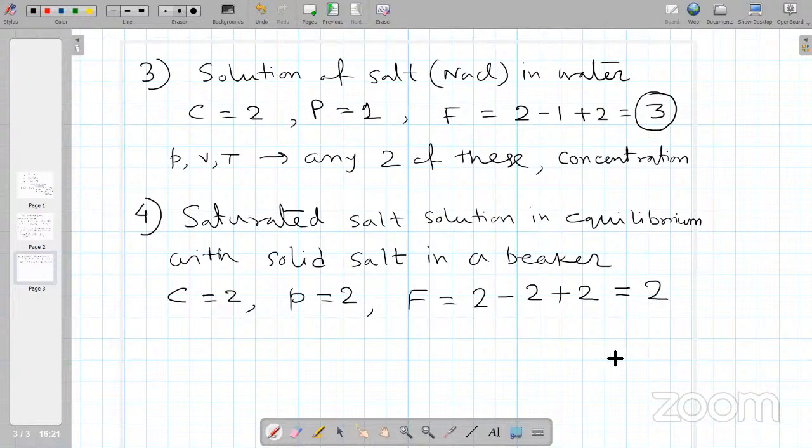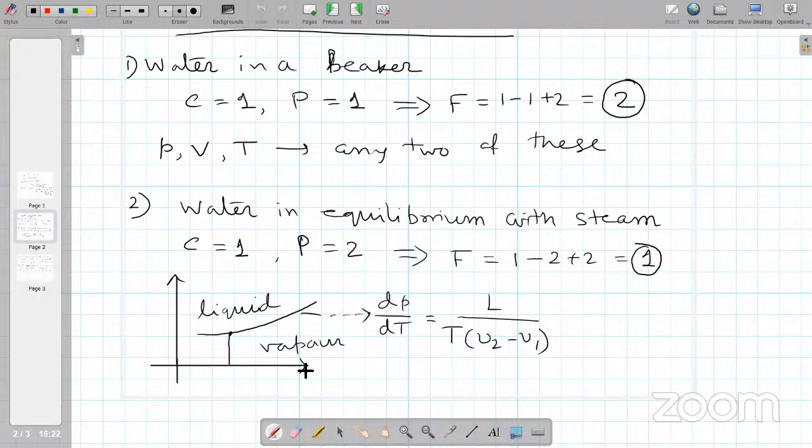So one of these could be pressure or temperature, and the other one has to be the concentration. So the moment we talk about equilibrium between phases, please remember, we have this line in hand, or this solution of this equation in hand. That means one of these two parameters, temperature and pressure, has to be specified, or we can have a similar phase diagram in temperature and concentration, or pressure and concentration, if we want.